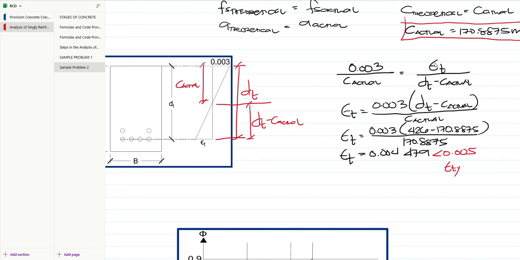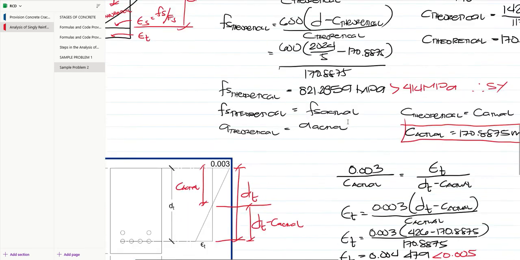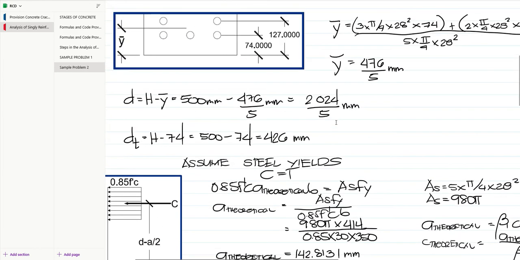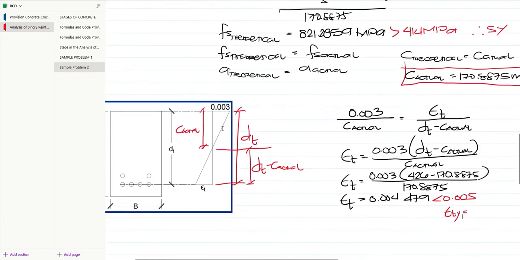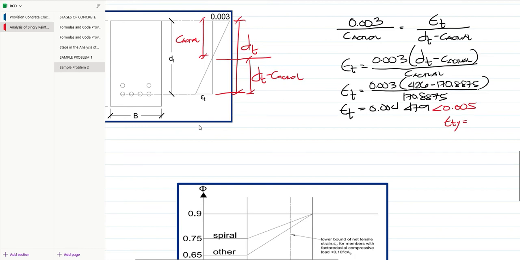So our epsilon ty is the value 414 divided by 200,000. So tama, ang Fy natin is 414. So that is 414 divided by the value 200,000.